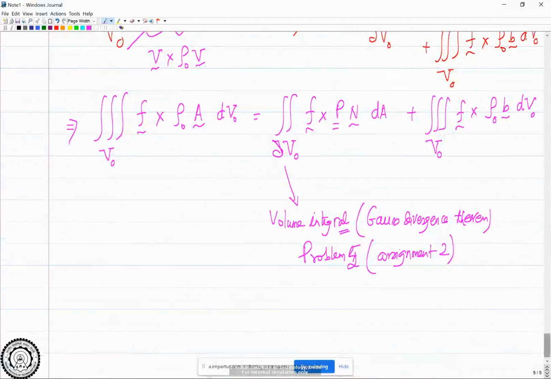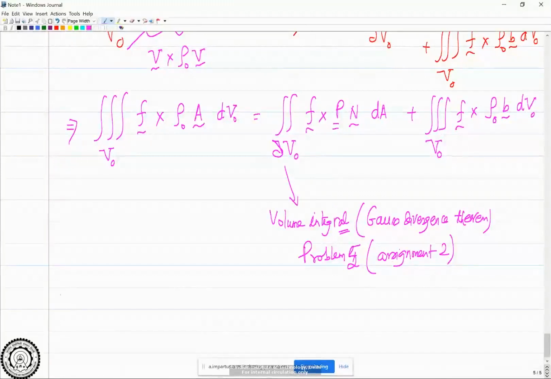And the final result, I'm going to write the final result. Convert this into the volume integral, and then you have to use localization.